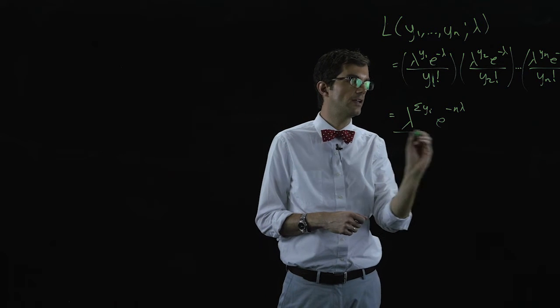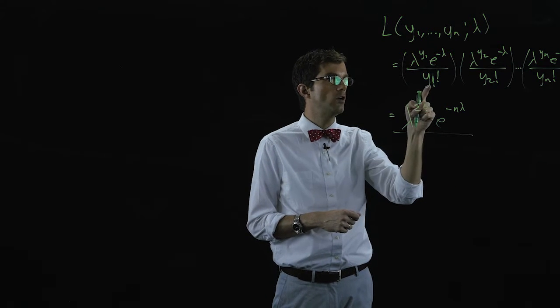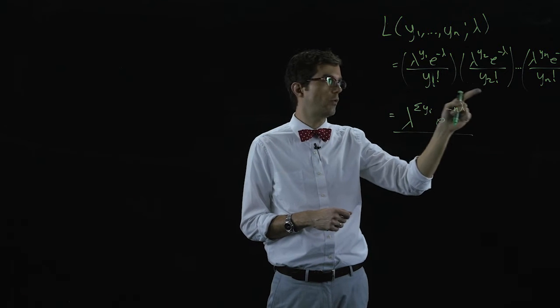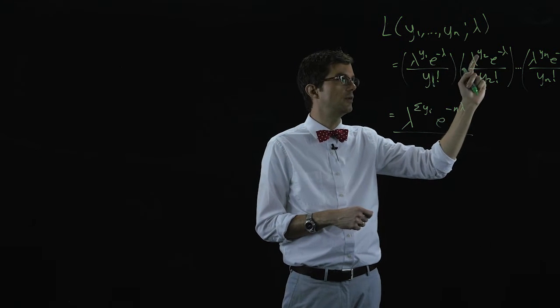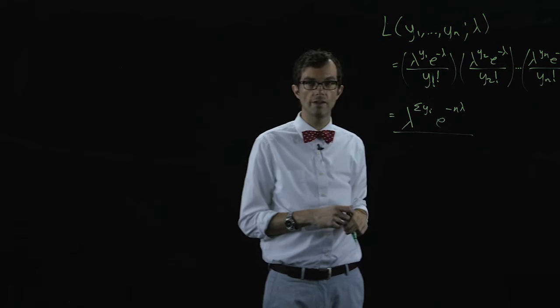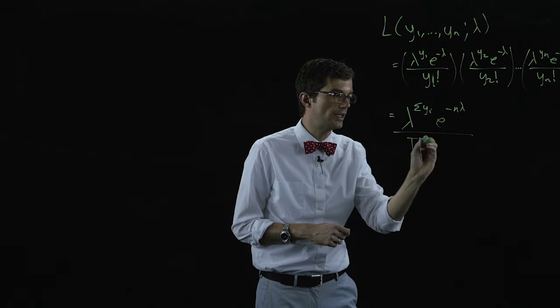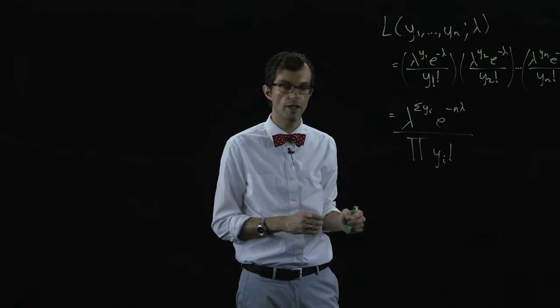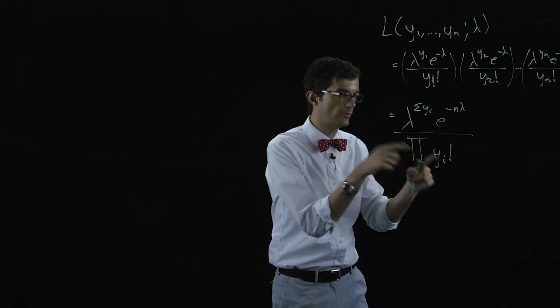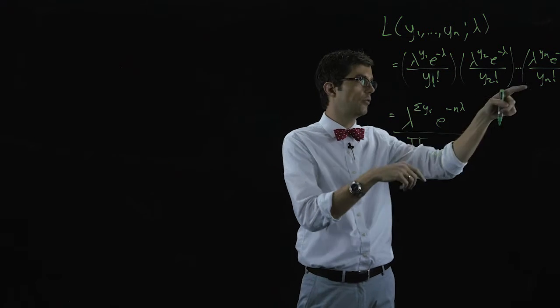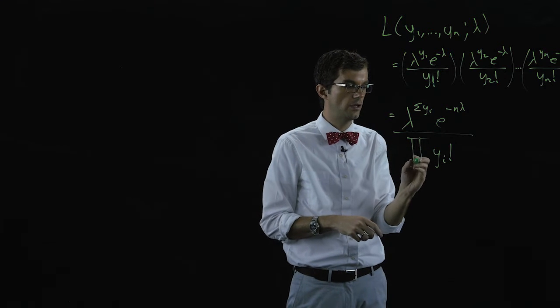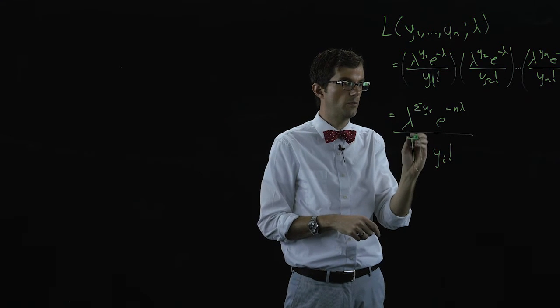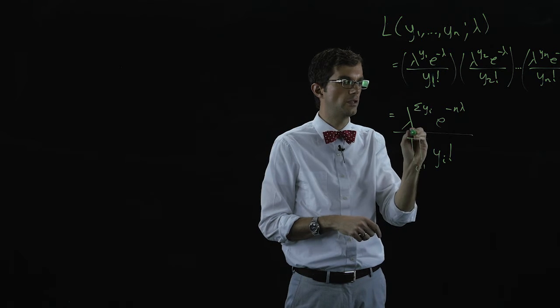And then in the denominator, we've got what? Y sub 1 factorial times y sub 2 factorial times y sub 3 factorial and so on up to y sub n. So that's the multiplicative sum of y sub i factorial. Okay, y sub 1 factorial times y sub 2 factorial times all the way up to y sub n. So we've got this multiplicative sum from i equals 1 to n.